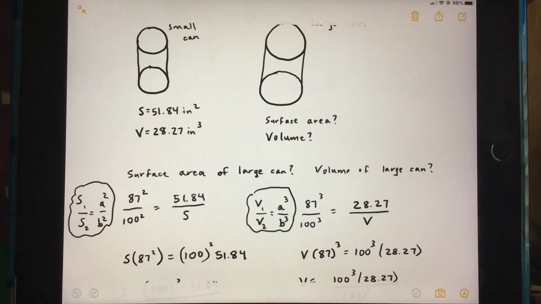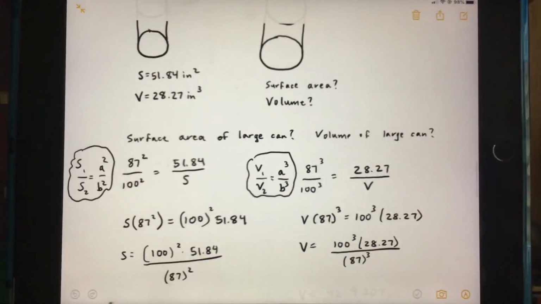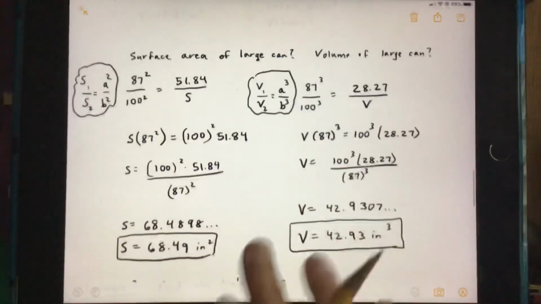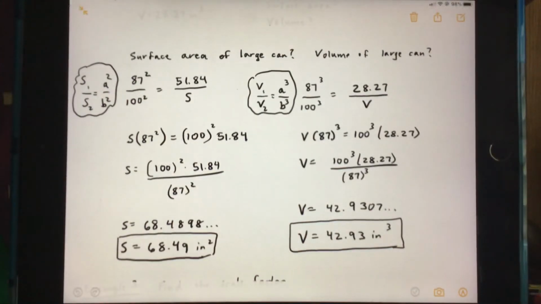And we simply solve that proportion. You use cross products, a pretty easy way. So S times 87 squared equals 100 squared times 51.84. So the surface area will be 100 squared times 51.84 divided by 87 squared. Throw that all in your calculator and you'll find the surface area of the big can is about 68.49 inches squared, rounded off to the nearest hundredth.